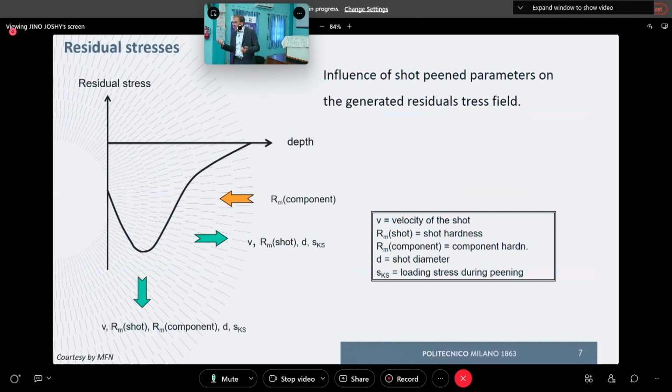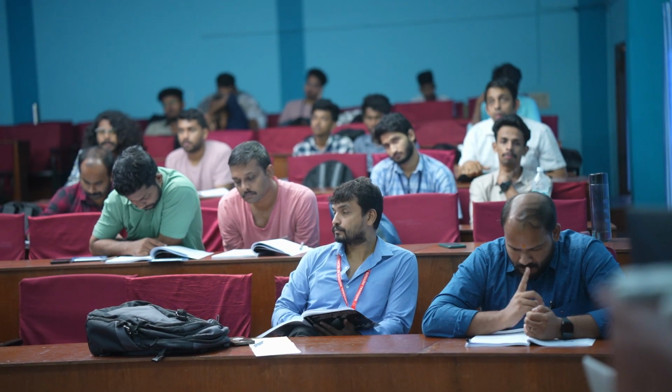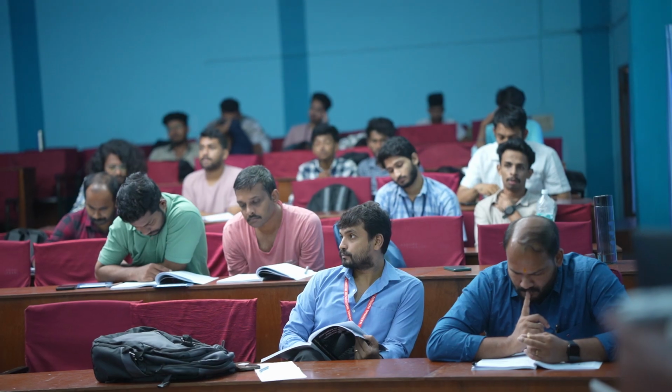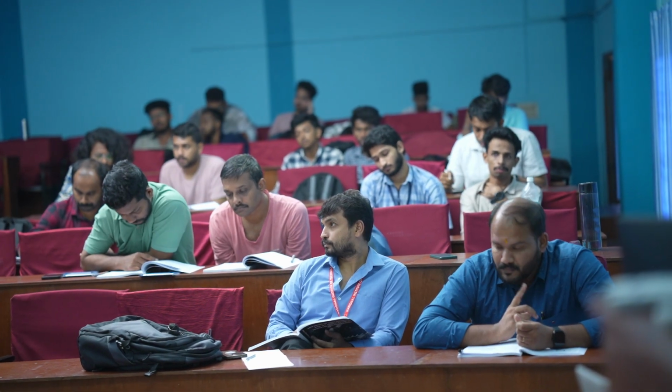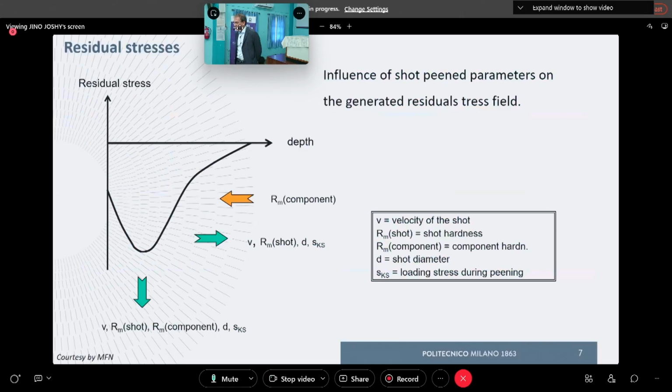That this is a qualitative trend where the surface stress, the maximum residual compressive stress, and the point where the stress changes sign are evident. And we can notice that the maximum compressive stress is a function of the shot velocity. So we can say that it's directly related to the Almen intensity.